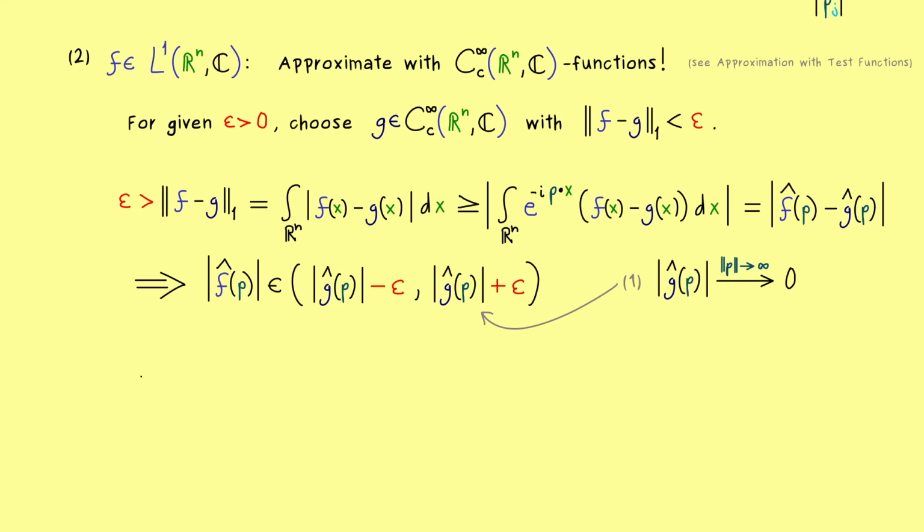So no matter what we do, the limit of f hat cannot escape this epsilon neighborhood. However, since we don't know if the limit exists, we can look at something that definitely exists, for example the limit superior. And now since g hat of p goes to 0, we know that the limit superior lies between minus epsilon and plus epsilon. Indeed, we have to include the boundary, but this does not change much.